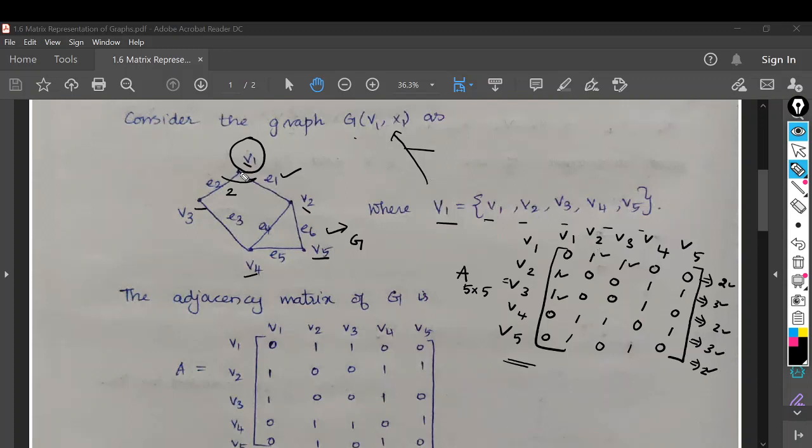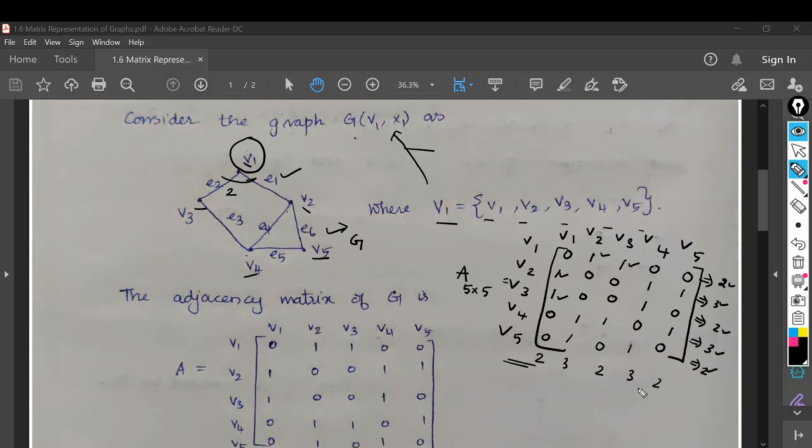See, degree of V1 is 2, degree of V2 is 3, V3 is 2, V4 is 3, and V5 is 2, right? So the sum of the elements in a particular row, since the matrix is symmetric, even in the column, it is 2, 3, 2, 3, 2.